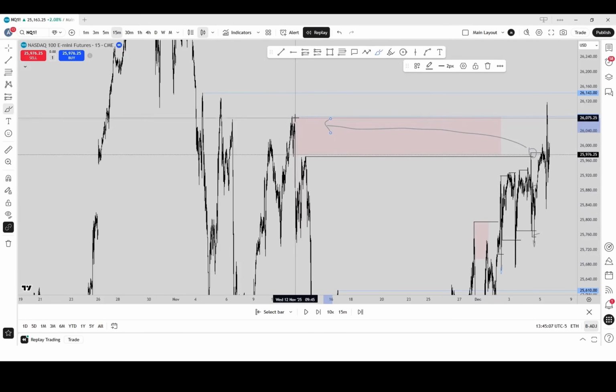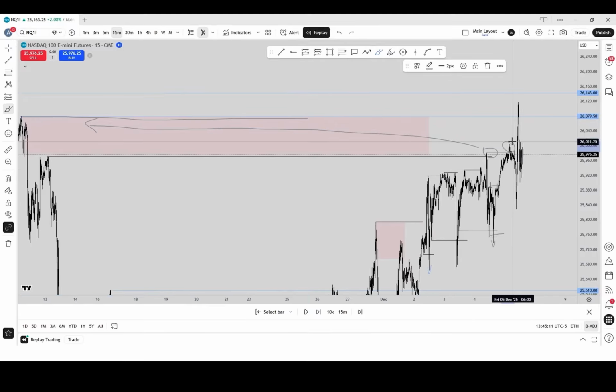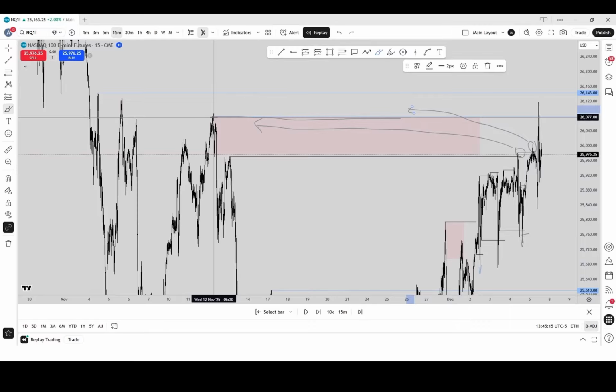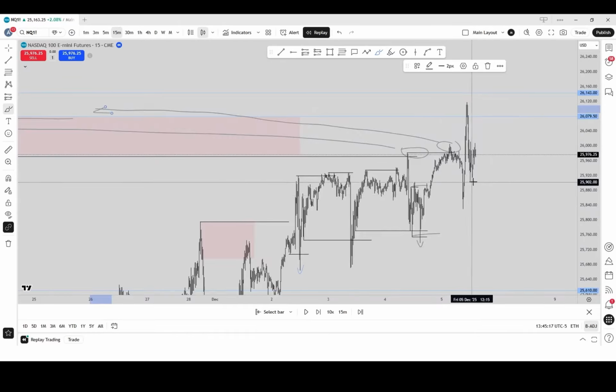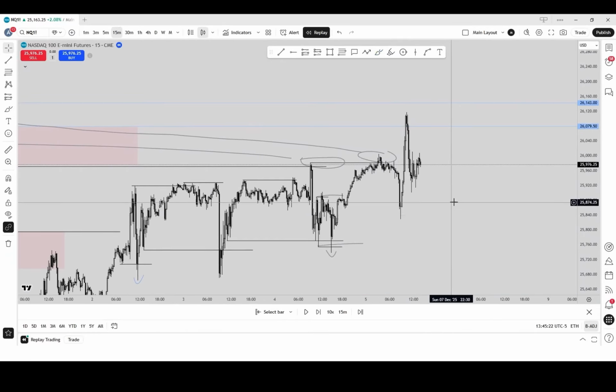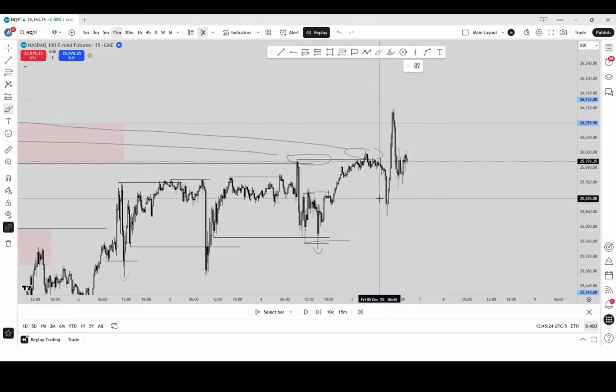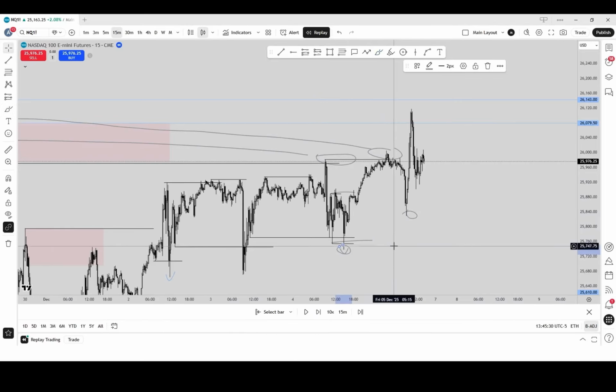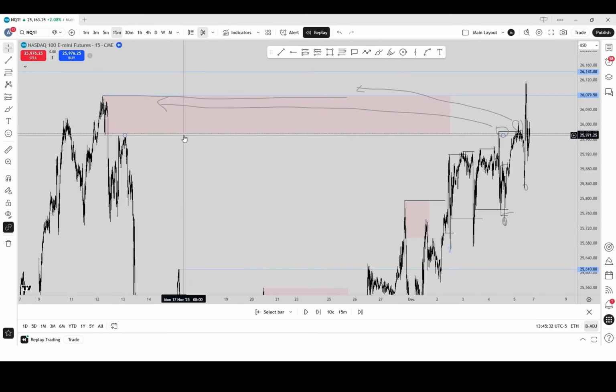Okay, so we have liquidity above here. We come stab into it again. So we're building more liquidity above this high right here. So that's why I can take a long in this scenario. Here I'll be a little skeptical in live time, only because we've taken something from the left over here.